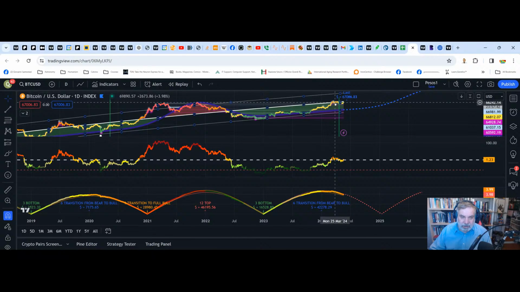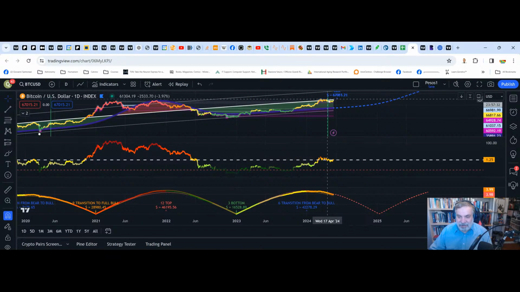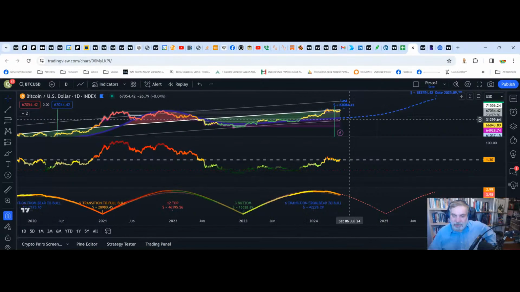And here we went almost all the way to the white line. In fact, we crossed it a little bit. And then Bitcoin said, well, I'm not ready for that. It's not the right time. Let me go back. It's pretty amazing. You can think that all this is due to chance, but when you see the same pattern repeating over and over again, there is probably something. So this is where we are.